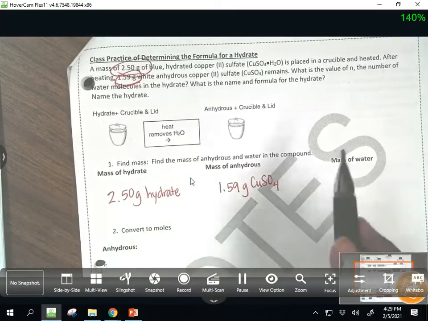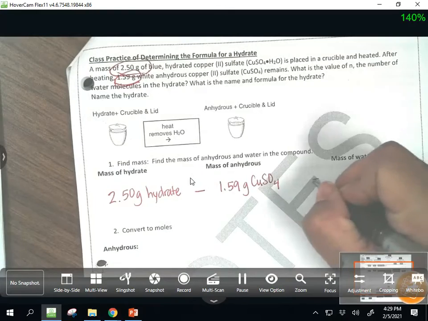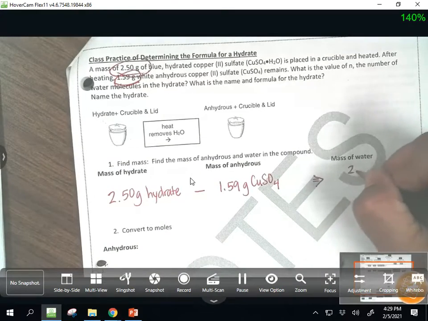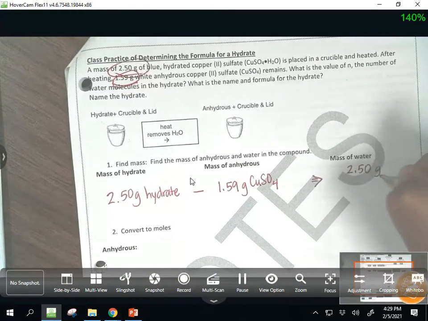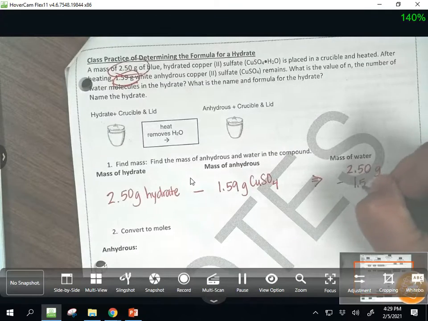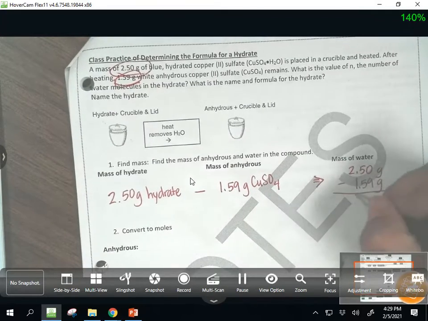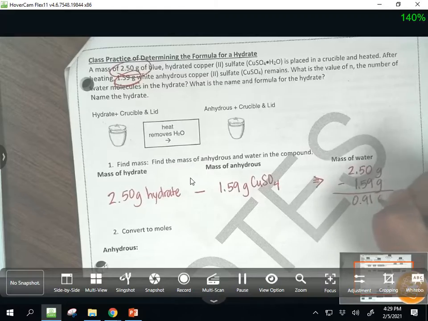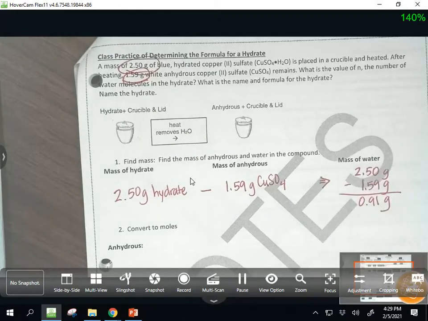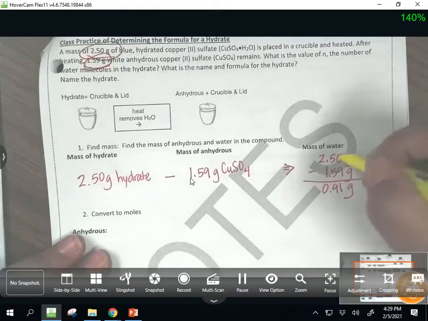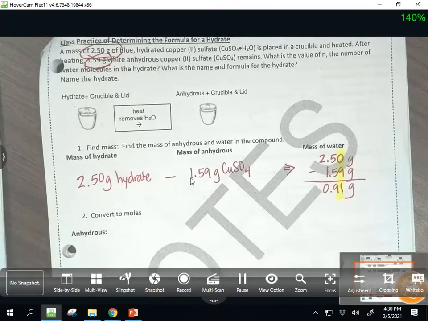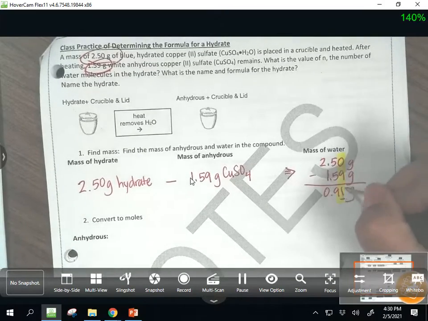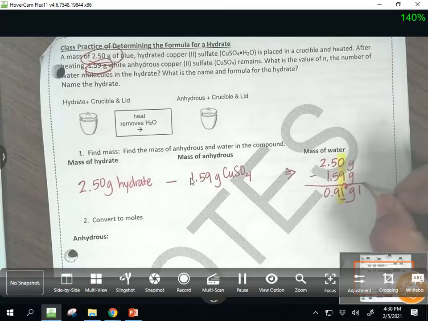So if I want to find the water, I subtract these two. I'm going to take 2.50 grams minus 1.59 grams, and I get 0.91 grams. I'm going to keep my leftmost uncertainty, so that would be 2 decimal places. And that would be H2O.